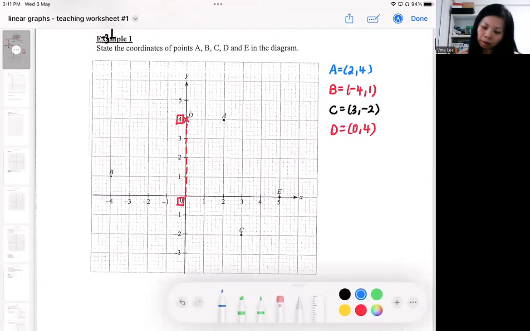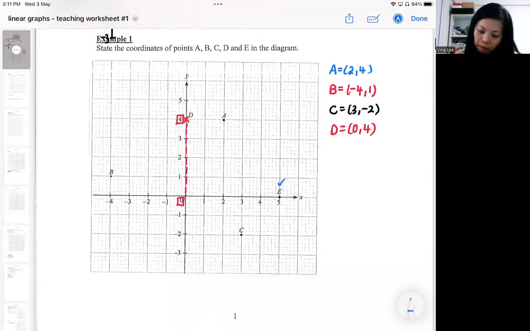Then when the coordinate is on the x-axis, look for the x first, then the y is 0. For E, the x is 5, the y is 0. So when it is on the x-axis or the y-axis, you have to be careful where the 0 is. It's always x first, then y.